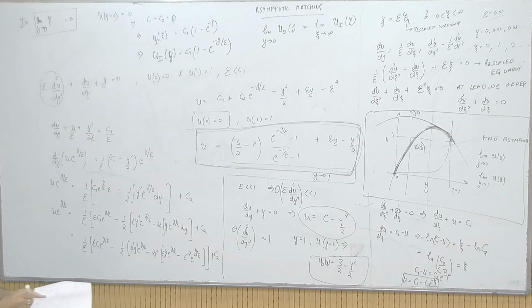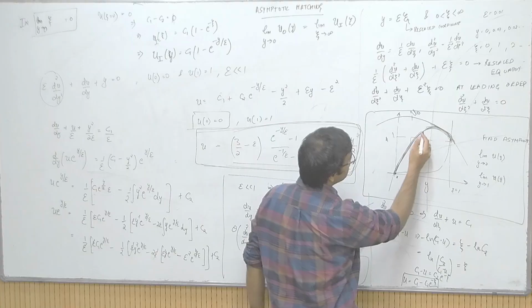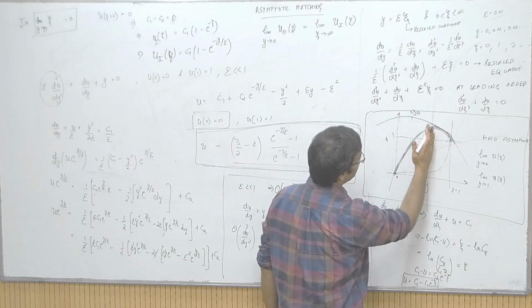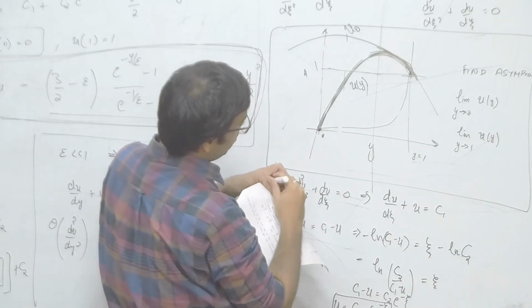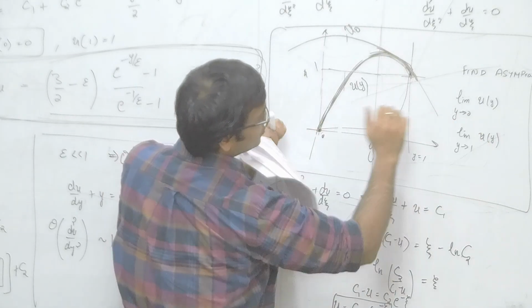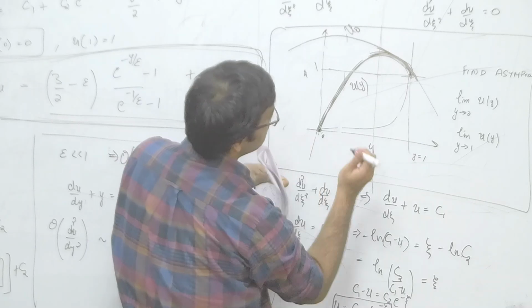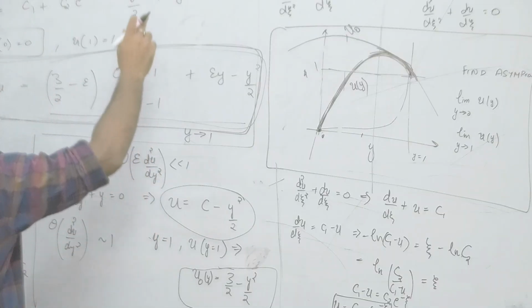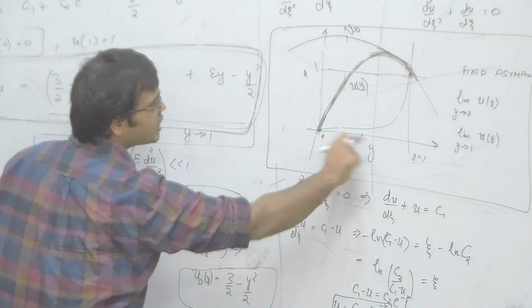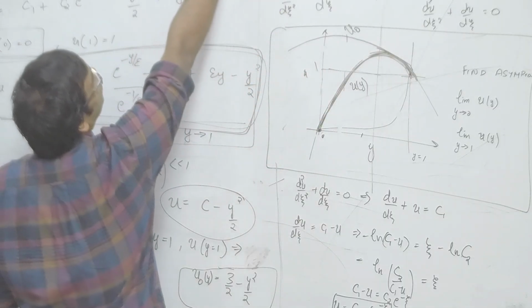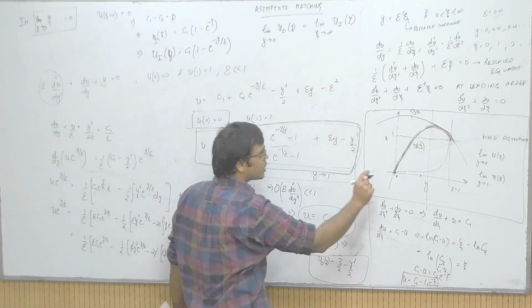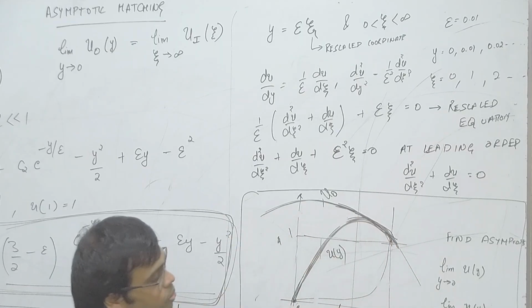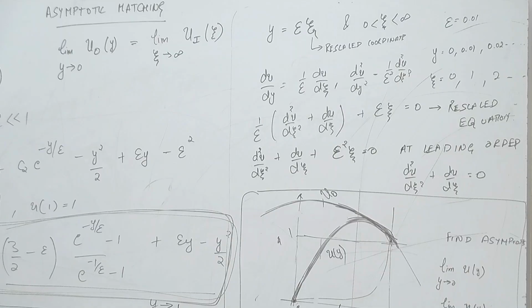And what we are saying is that in these rescaled coordinates, meaning up to some values of y you have stretched in a way that this finite value of y you have sent it to infinity. And the limit of this stretched coordinate tending to infinity, the value of this function at that limit should actually match with this value that the outer solution, the u_o solution was giving you.